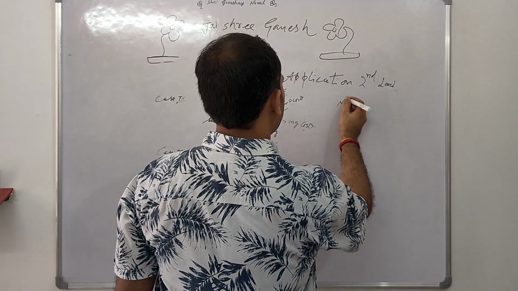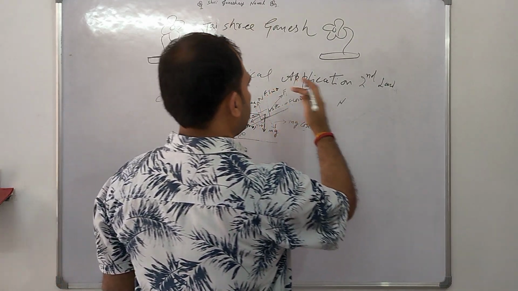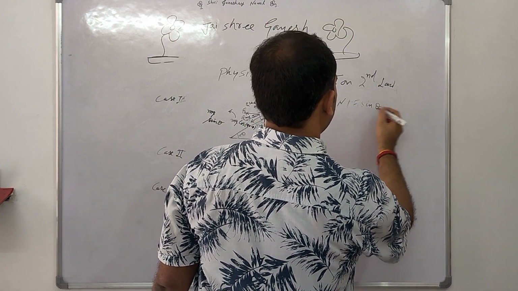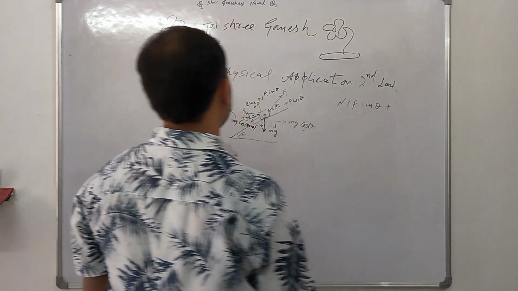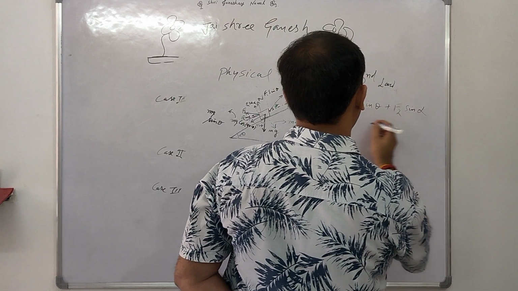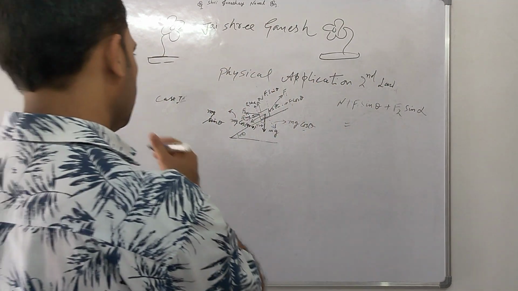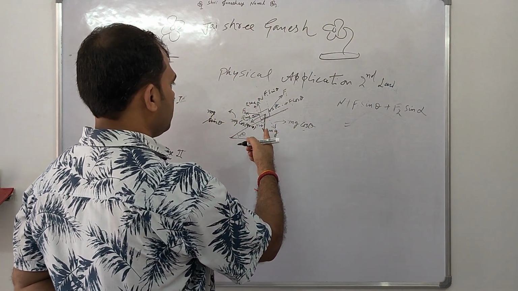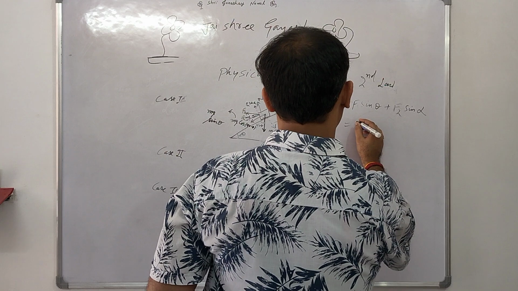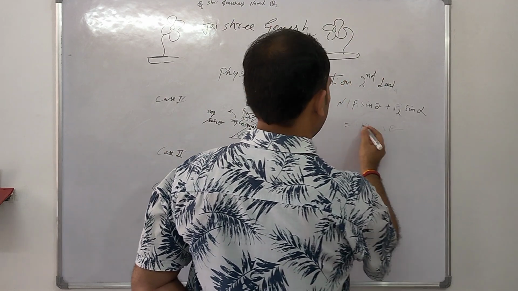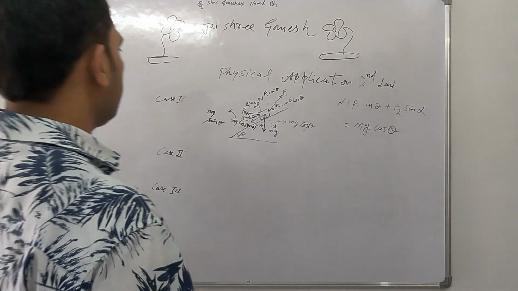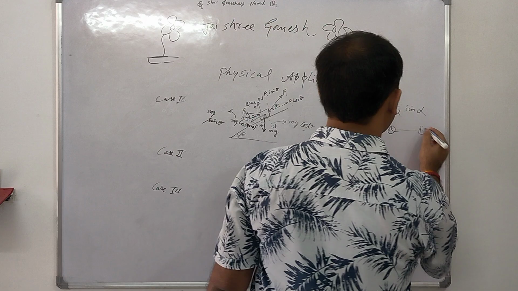So N plus F1 sin theta plus F2 sin alpha will be equal to mg cos theta. This will be equation number 1.